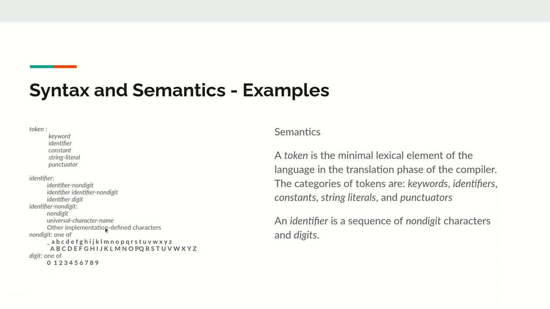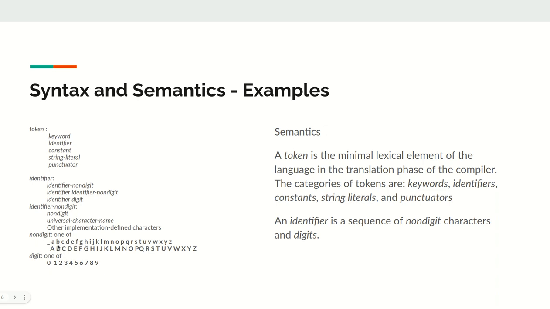It's implementation defined characters. So finally, if you see non-digit, you are seeing one of A, B, C, D, E, F, G, H, all alphabetics in lowercase as well as uppercase. You can see the underscore. So it is one of these, this one comes under a non-digit.